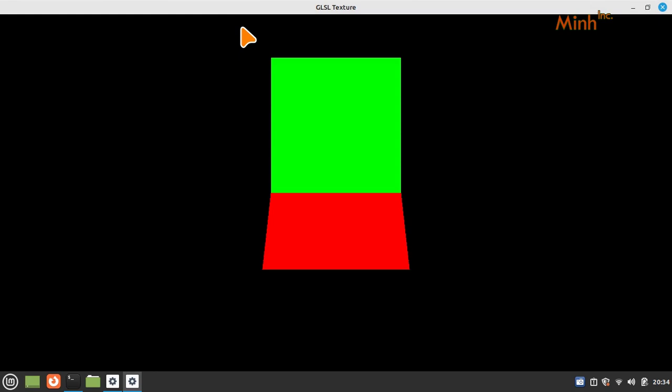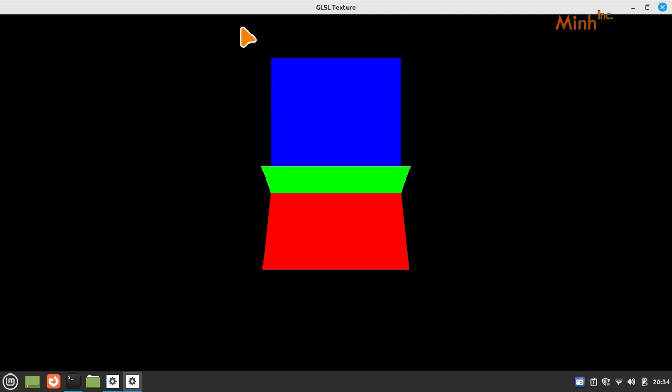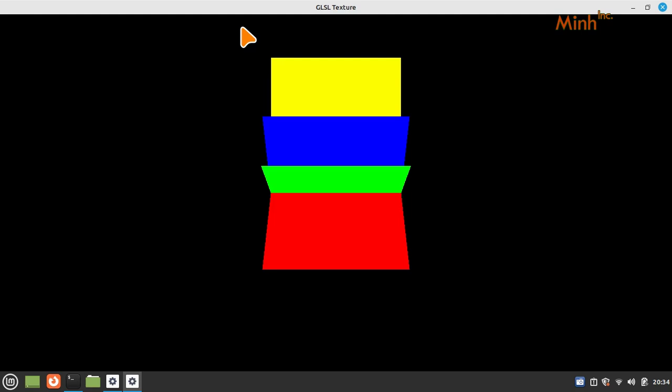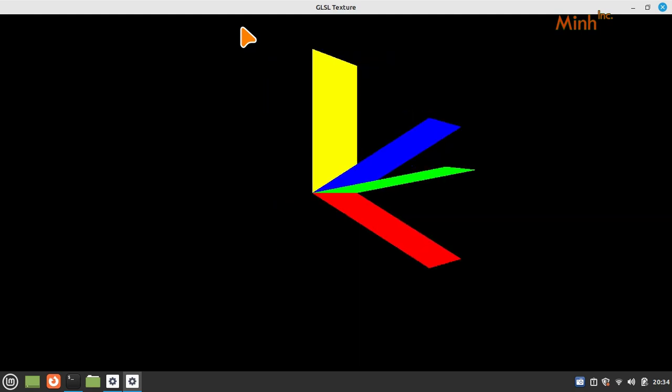Okay, so we have the 4th plane, that is the yellow plane. Now the story is the earlier story, so red and green.